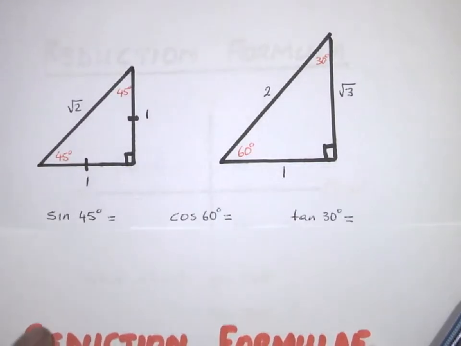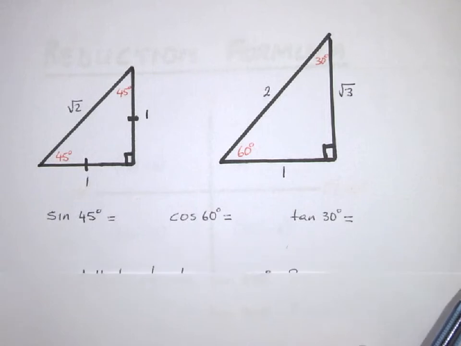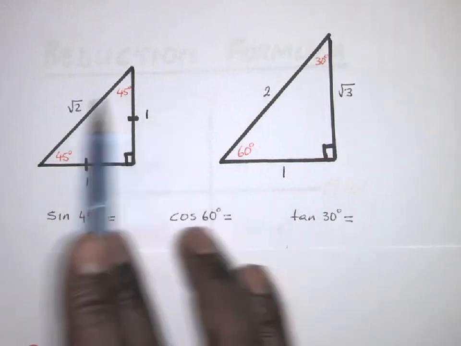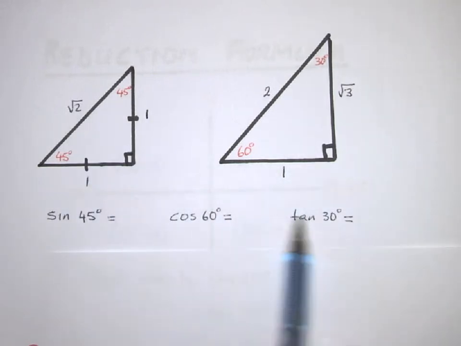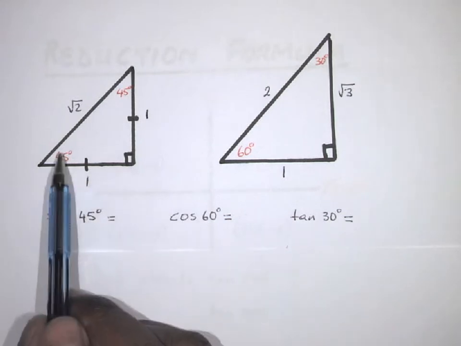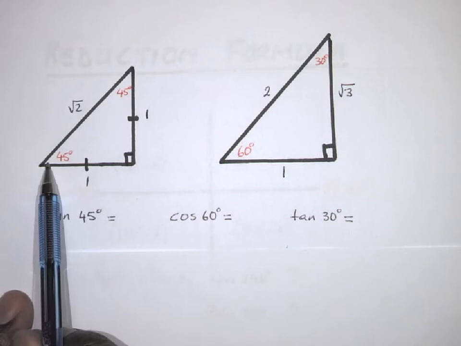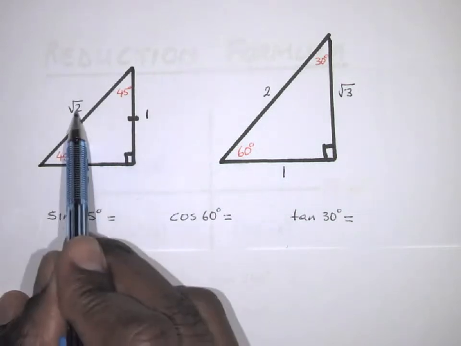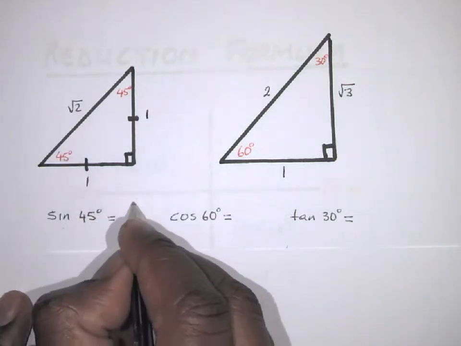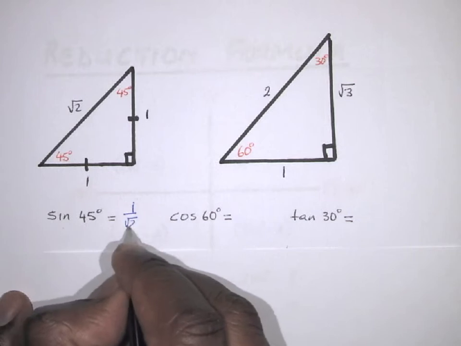For instance, you'll recall that in grade 10, you worked with triangles like this, where you had special angles. And then you were able to find the sine of 45 degrees. Sine 45 degrees is opposite side over hypotenuse, which is 1 over square root of 2.